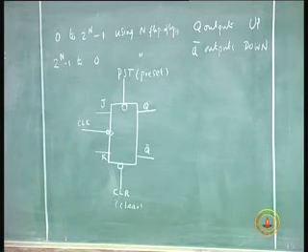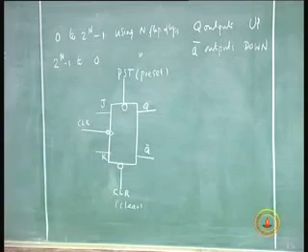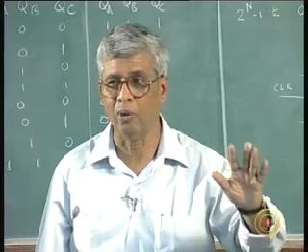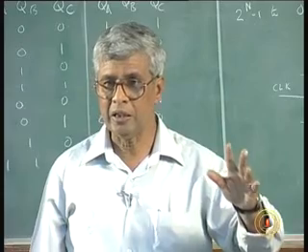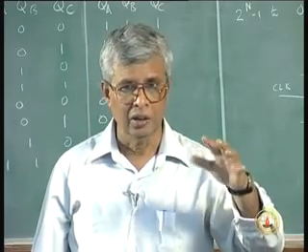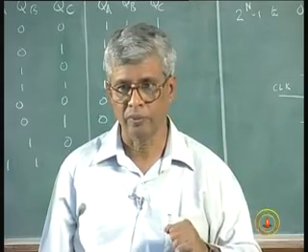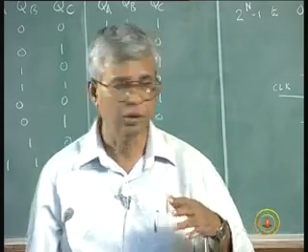So the preset input, when it becomes 0, makes Q 1, irrespective of the values of j and k and irrespective of whether the clock is positive, 0 or 1. That means the preset input, in electronic circuit parlance, overrides all other inputs.